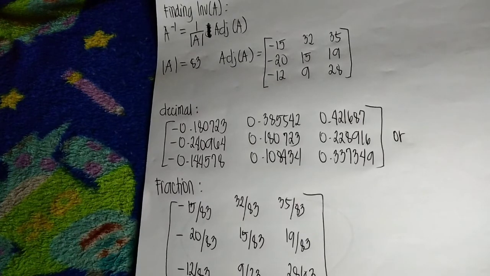Yung adjoint lang at saka determinant. In getting the inverse is still the same lang. May another way lang po, and easy din.